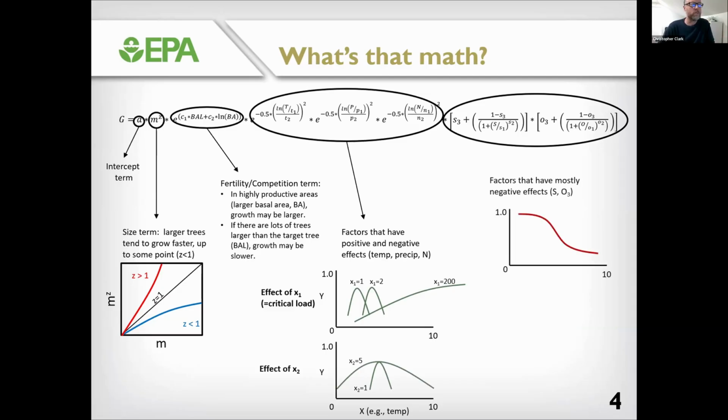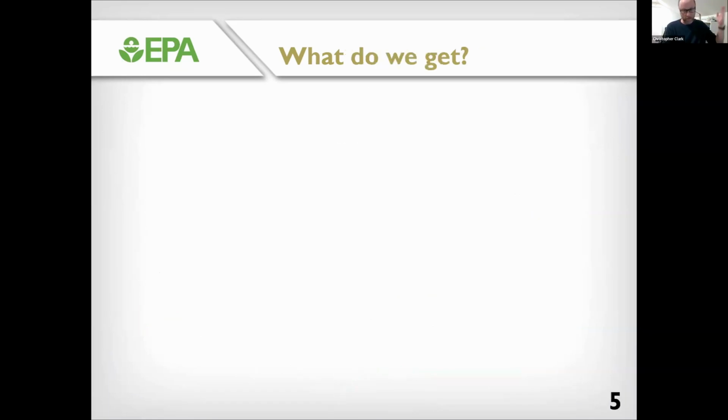For the last 2 factors, sulfur and ozone, we use a sigmoid function that's governed by 3 terms. Those 3 terms control the shape of that curve: the S1 term controls the 50% reduction mark, the S2 term controls the steepness of the function at that 50% mark, and the S3 governs the floor.